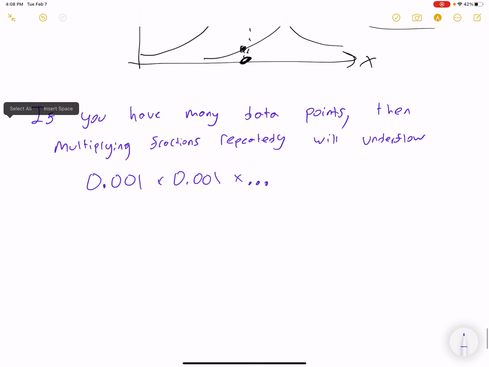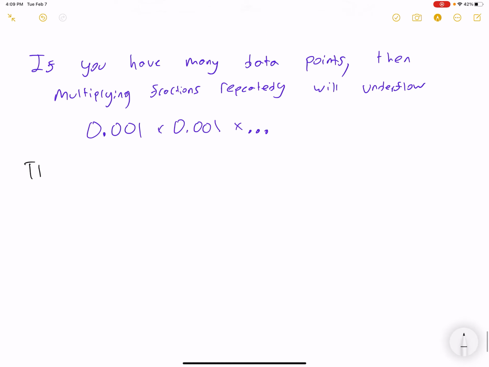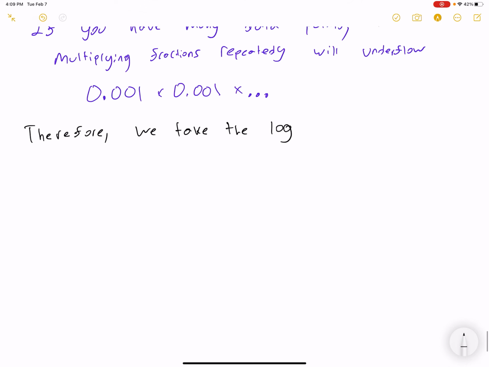So what we do in a bunch of machine learning applications is take the log of the likelihood.